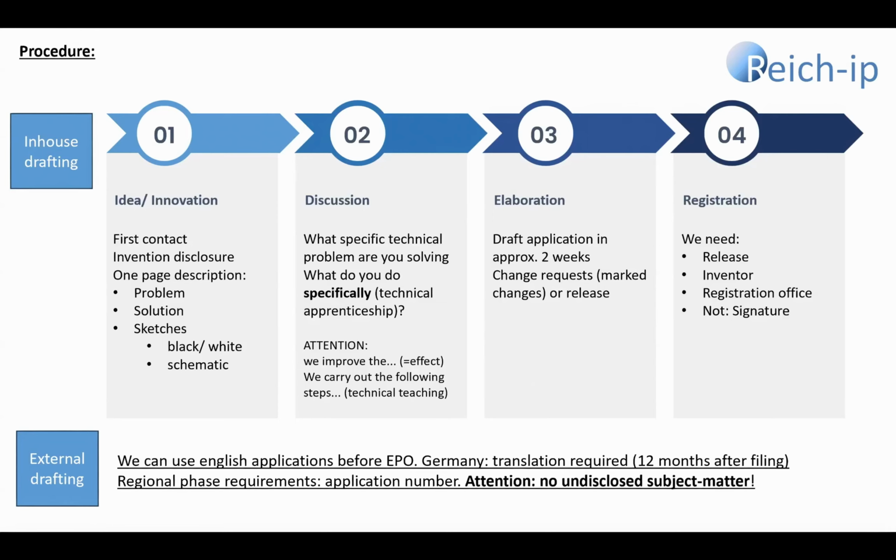So if we find out afterwards we need some further technical teachings or we have to rearrange the claim language or something, please be aware that the European Patent Office is very strict regarding undisclosed subject matter. So in case anything is missing, if you find out you don't have enough technical teachings afterwards, you have to find them on a word by word basis in the description, almost word by word basis.